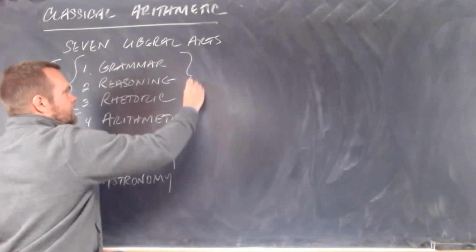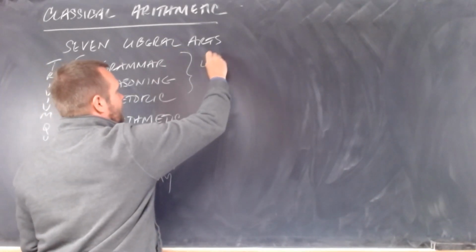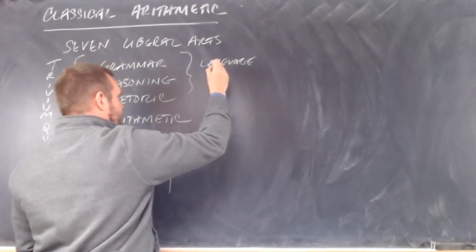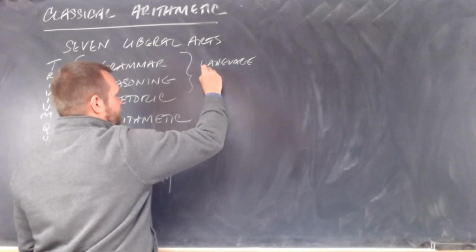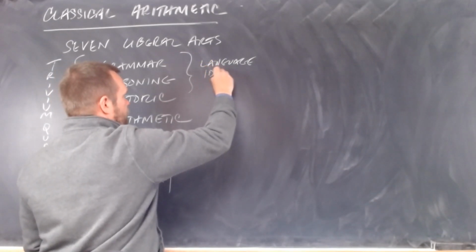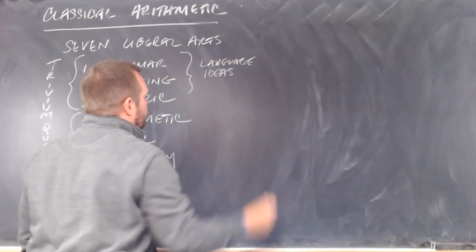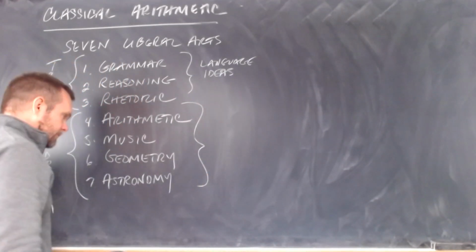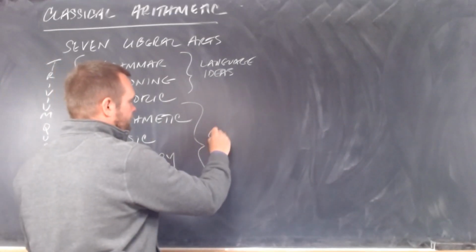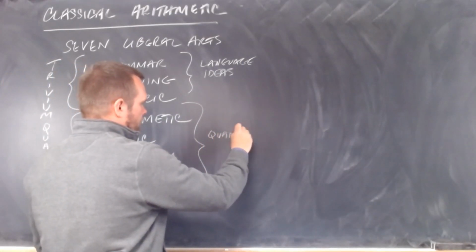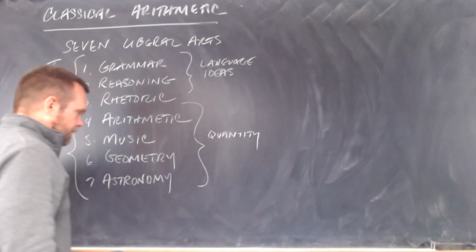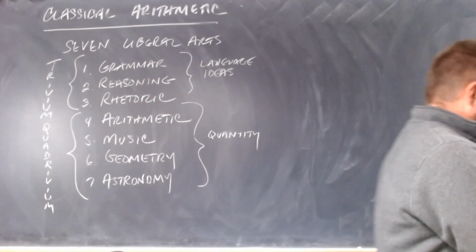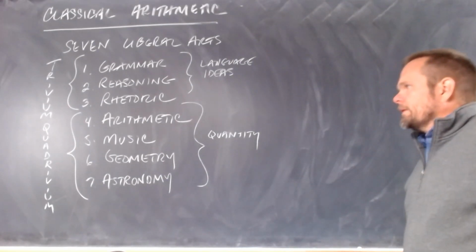These three arts, the Trivium, have to do with language and ideas or reasoning. These four arts all have to do with the study of quantity: arithmetic, music, geometry, and astronomy. Four different kinds of quantity.